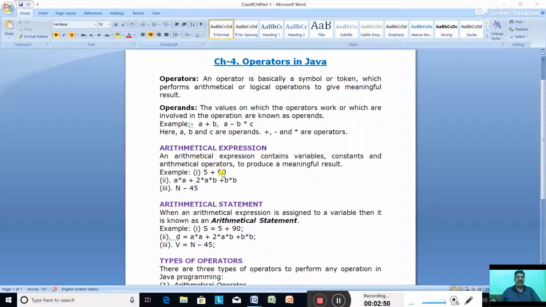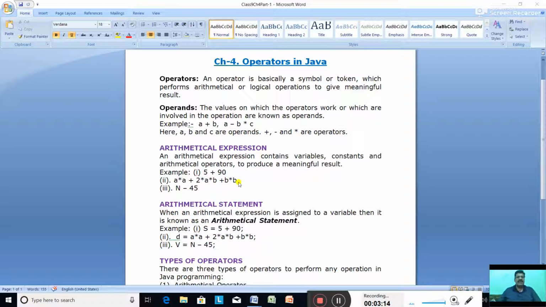Like 5 plus 90. Here 5 and 90 are the operands and plus is an operator. Like A into A plus 2 into A into B plus B into B. So it is a combination of variables and constants. N minus 45: N is a variable, 45 is a constant and minus is an operator, an arithmetical operator.